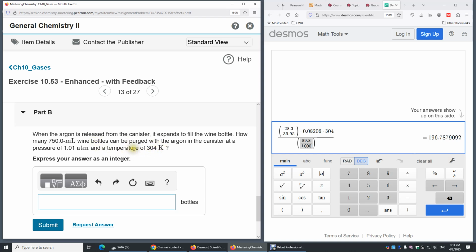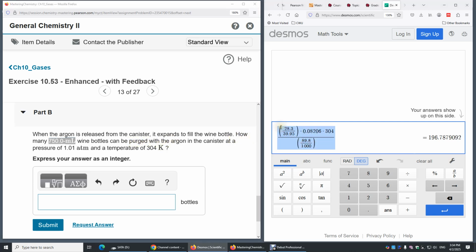So mostly we'll calculate the volume of this argon gas at a different pressure, and use that volume divided by this to get the number of bottles that can be purged with the argon.